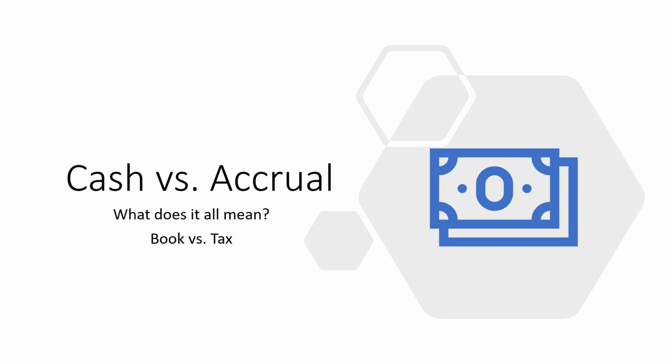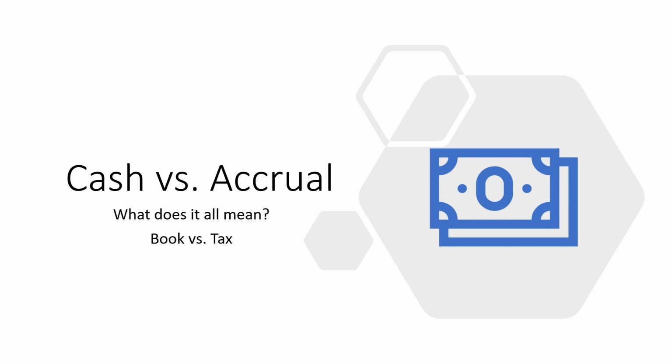But when you complete your tax return, you only report income that was deposited into your bank and expenses that were paid out of your bank. This way, you're not paying tax on income that you have invoiced but not received. This is completely acceptable and very common.